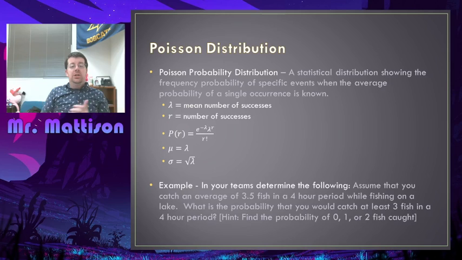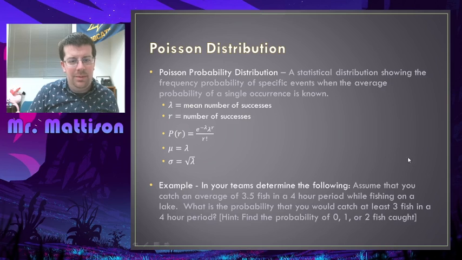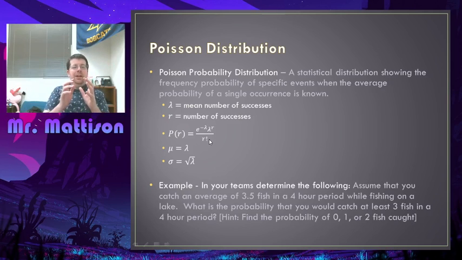So what I could do is plug in my P of 3. So I do e raised to the negative 3.5 power times 3.5 raised to the 3, all over 3 factorial. And there's my probability of catching 3 fish.